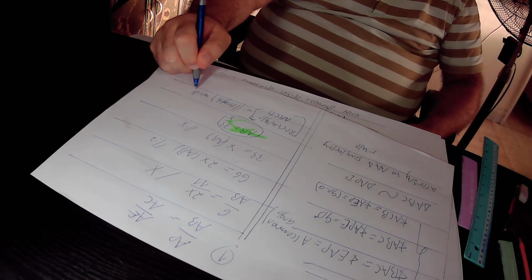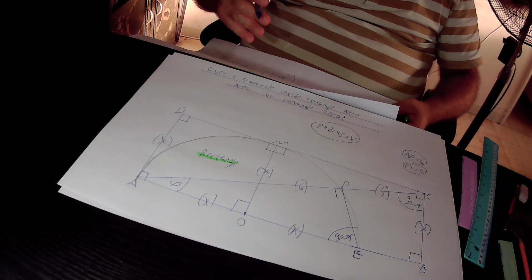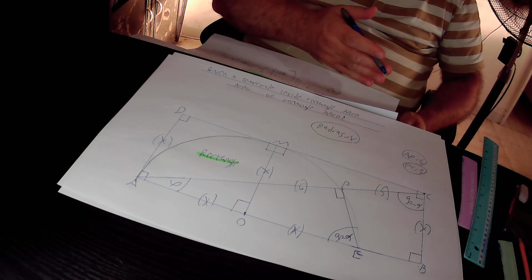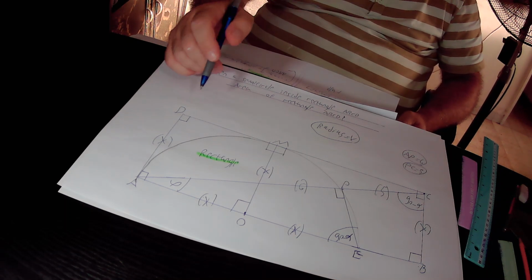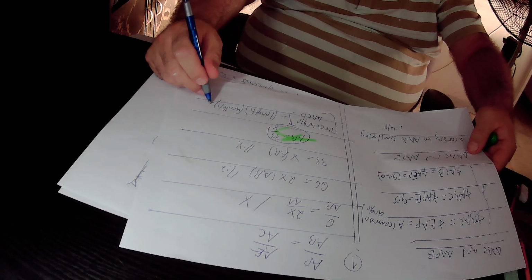And therefore, the area of this rectangle ABCD must be equal to the length of rectangle ABCD times the width. The length is AB. The length of rectangle ABCD is AB.